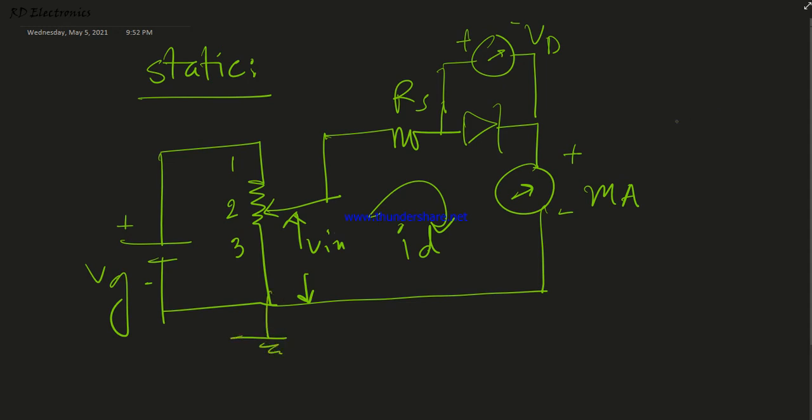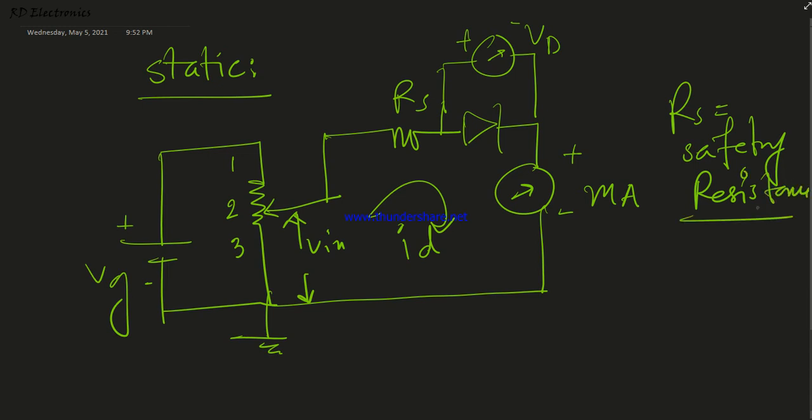What is the meaning of RS? RS means the safety resistance of the diode, because if the voltage across the diode is increased too much, there is a chance of destroying the diode. So for safety purposes, or to limit the current in a diode, we use this RS resistance. How do we calculate this RS value?